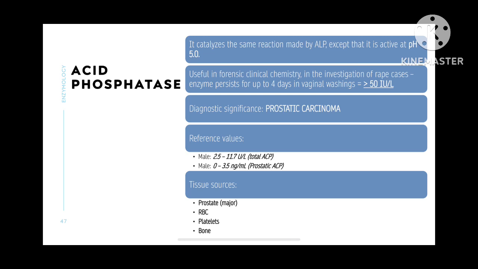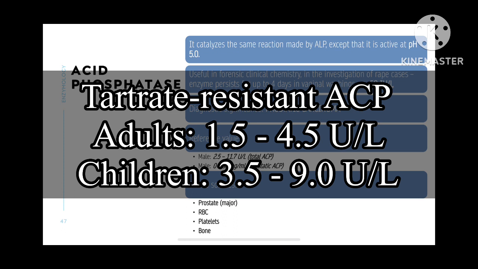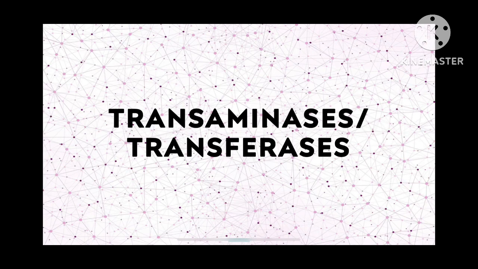While for tartrate-resistant acid phosphatase in adults, it would be 1.5 to 4.5 units per liter at 37 degrees Celsius. While for tartrate-resistant ACP in children, that would be 3.5 to 9 units per liter at 37 degrees Celsius.